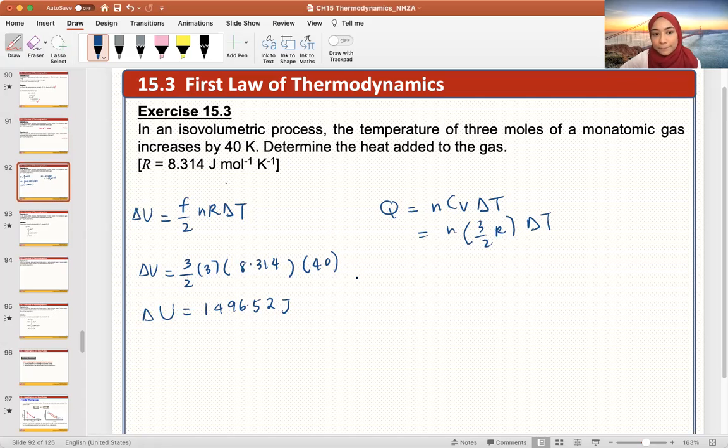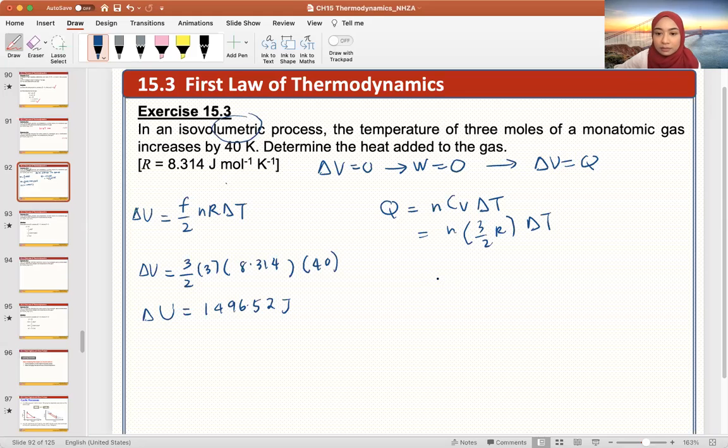Why? As the work is 0. Because the work is 0, betul. Isovolumetric delta V is 0, which means work is 0, which means delta U is Q. So Afrina buat ni betul, but Afrina tak faham that it is actually heat juga. But good try. Did everyone understand what was done here? Faham tak?